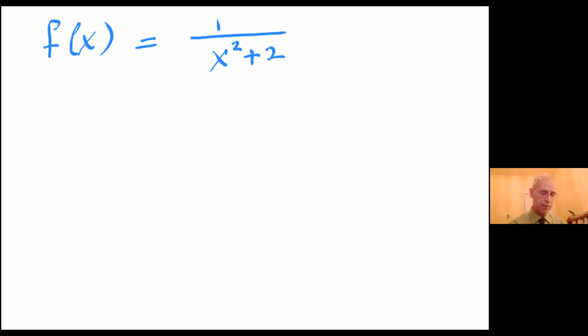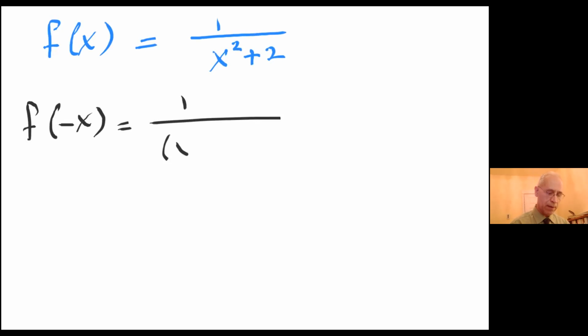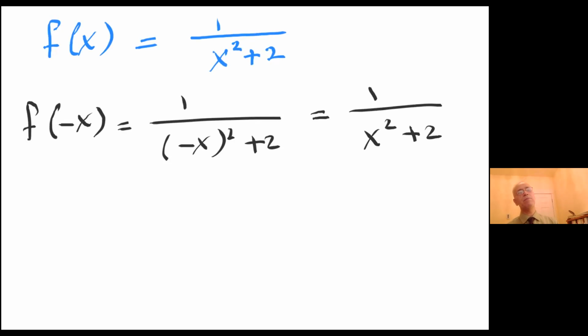Okay, so f of minus x equals 1 over minus x to the second plus 2, and that equals 1 over x to the second plus 2, since minus x times minus x is x to the second. I got the same f of x back. These two are the same, so this one is even.